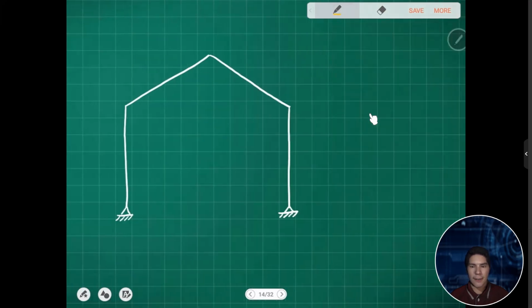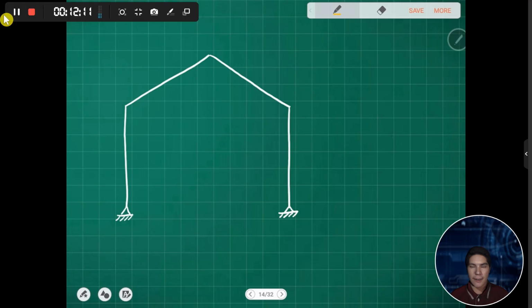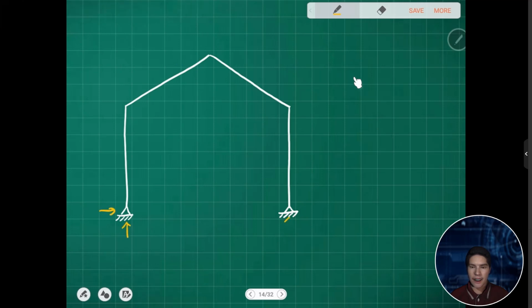So for frames, we count the number of reactions. So we have 2 for hinge and 2 for hinge. So the number of reactions is we have 2 plus 2, so total of 4.